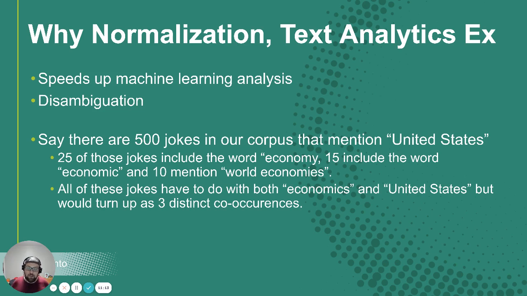Without any sort of standardization, those would look like three different concepts, even though they really have to do with the same thing. So it would produce three distinct co-occurrences along with United States. And we don't want that. We want the computer to understand that we're talking about the same thing. So we might standardize the word form.